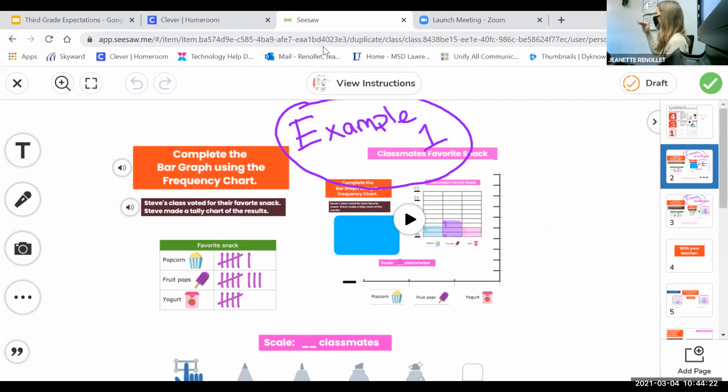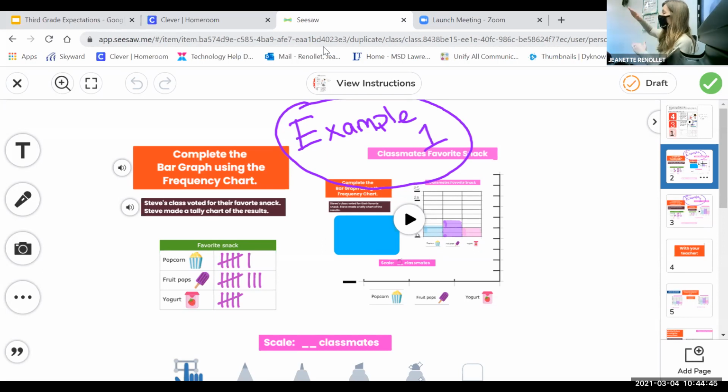The popcorn bar, I didn't know if it was at 6 or 7. The Fruit Pops, I don't know if it was at 7, 8, or 9. It wasn't very clear. It wasn't accurate. Miss Sharp did the best she could using her scale, but I'm thinking that scale was not appropriate.